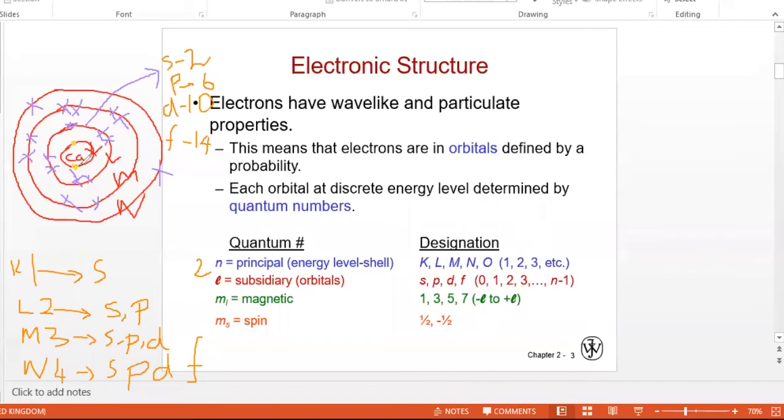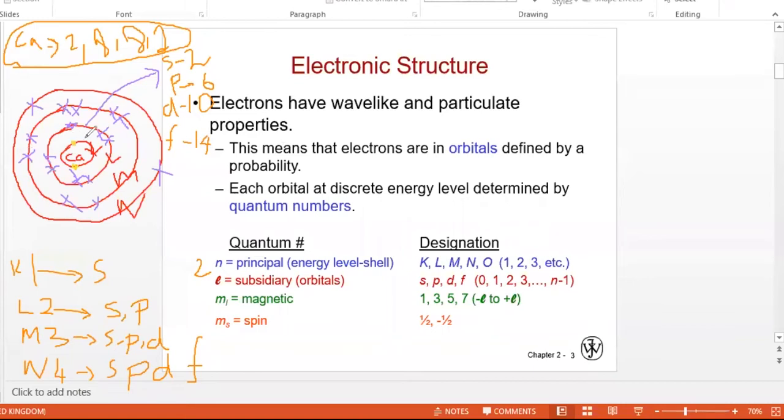This is why we write the atomic structure of calcium as 2, 8, 8, and 2. You might have written it this way already, but now I am saying why we are writing it that way.